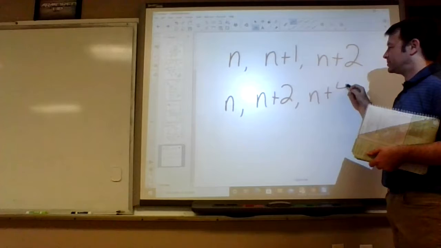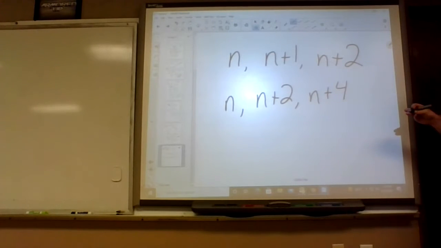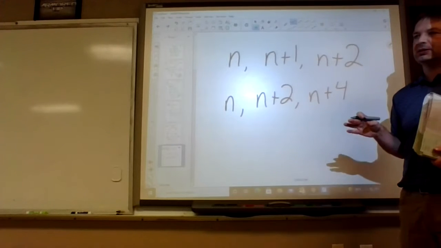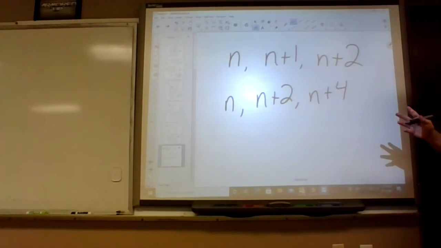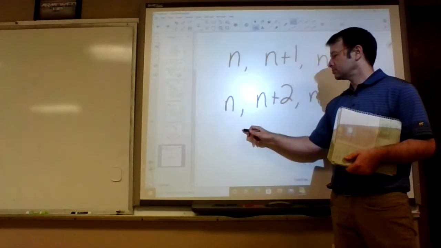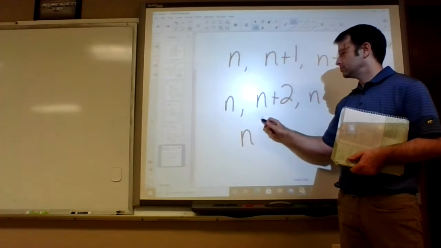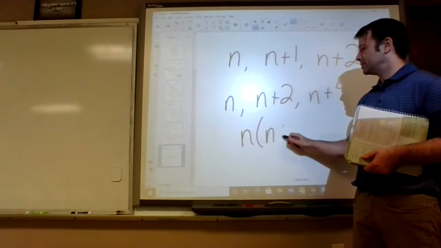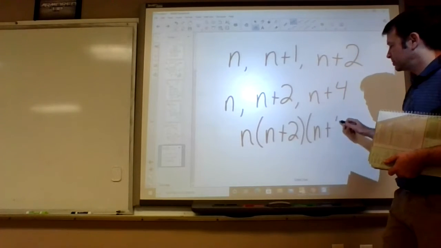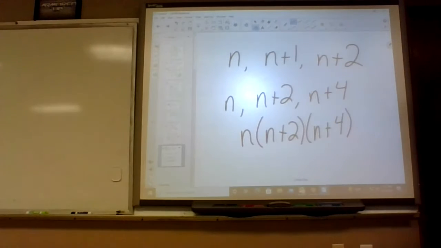Odds go up by 2, so do evens, so they look the same. But number 4 says the product, so multiply. How would I show multiply? In parentheses? Yeah, n times n plus 2 times n plus 4. And that's number 4.